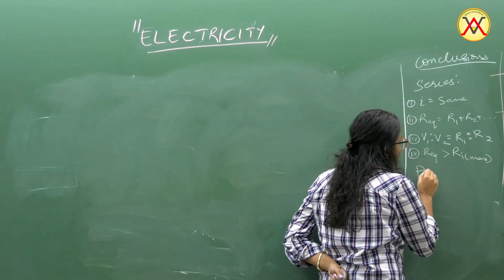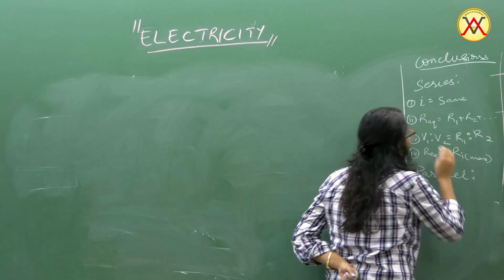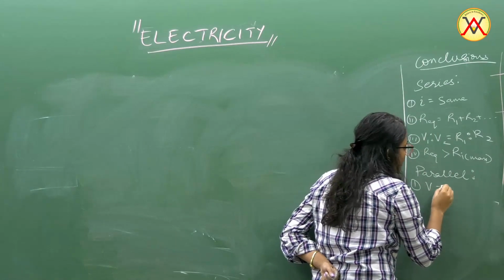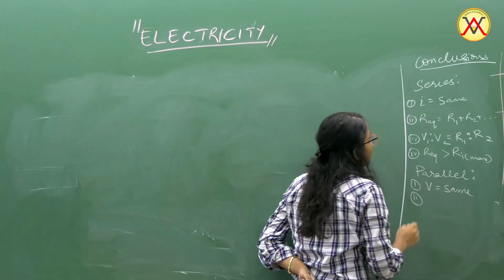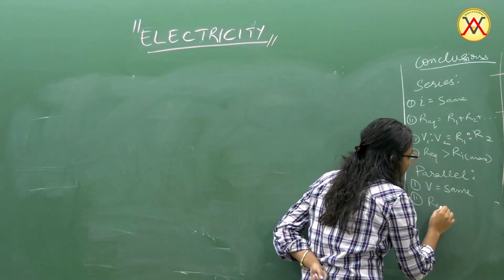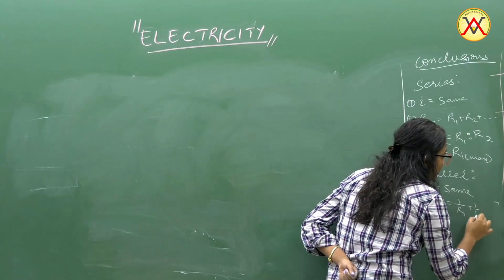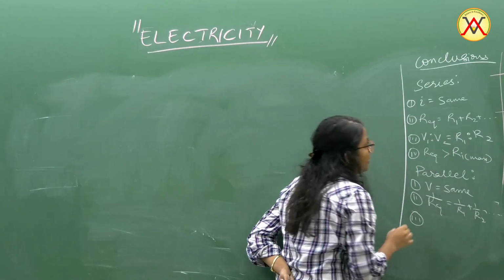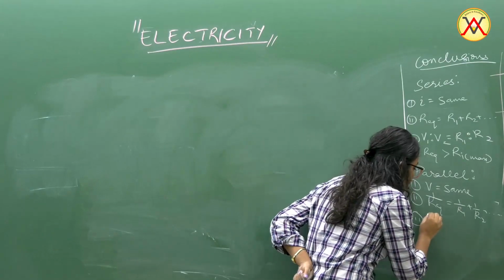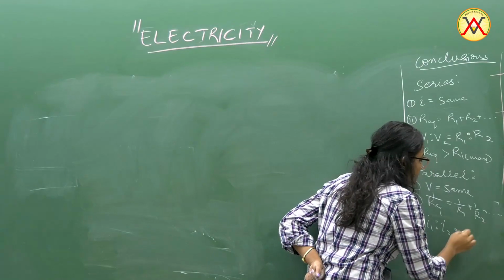Coming to our parallel combination. First, V remains same. Second, 1 upon R equivalent equals 1 upon R1 plus 1 upon R2 and so on. Third, I1 ratio I2 is equal to what?